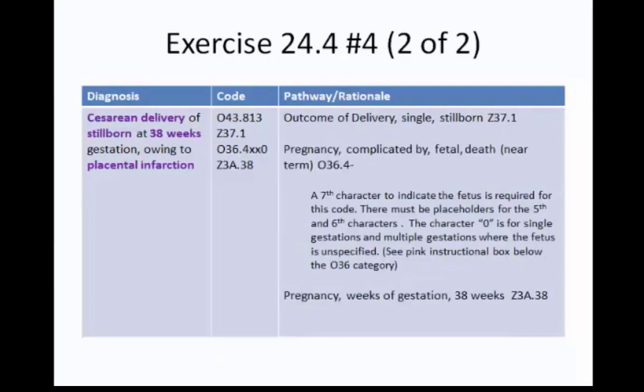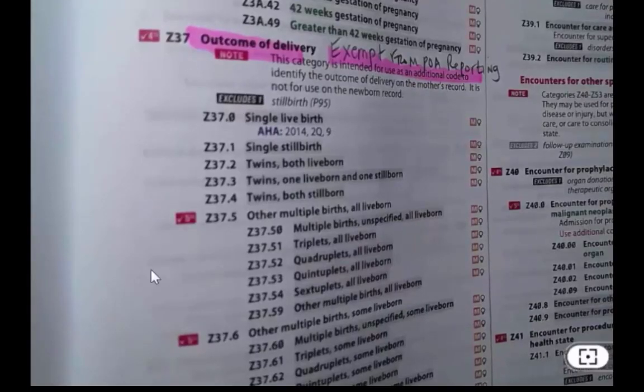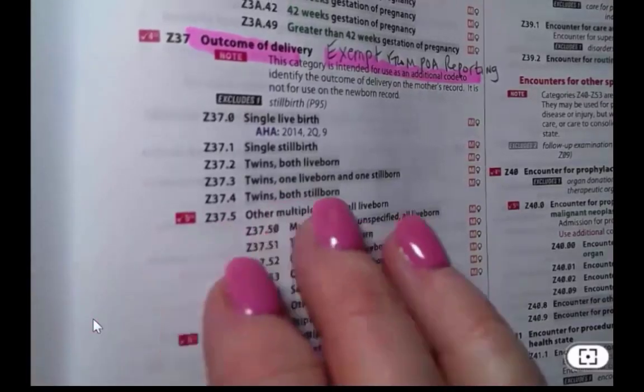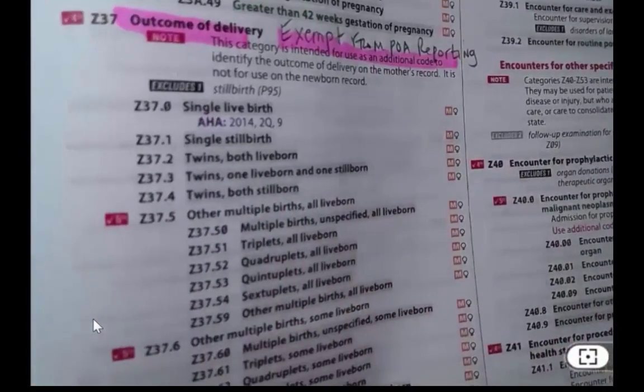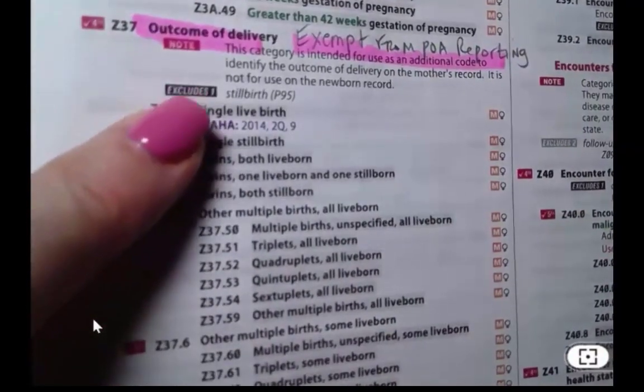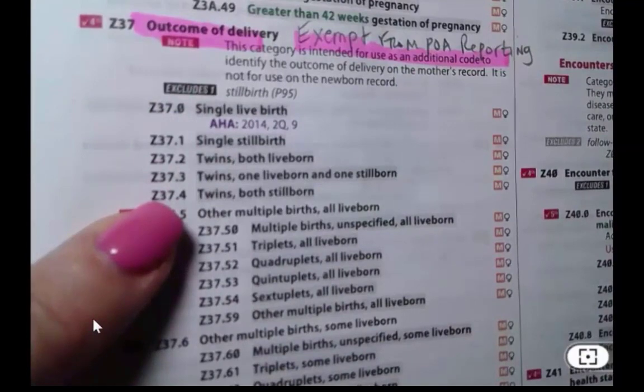Okay, let's continue. We know from our earlier slide we have to always code outcome of delivery. In this case, it's a single stillborn. So you're going to be selecting the Z37.1 code. Let's look at that. Okay, here's the Z37 code, and you see how we're given so many choices.